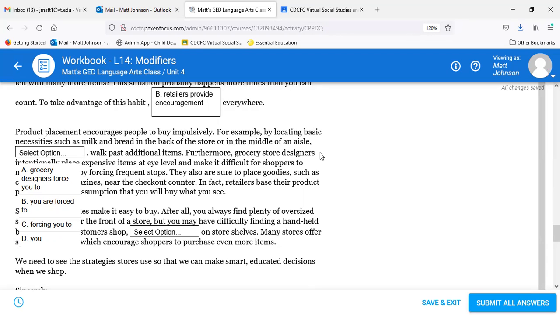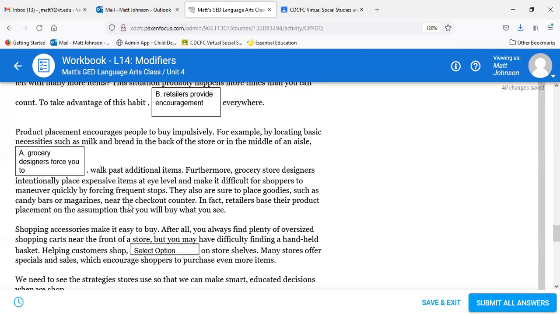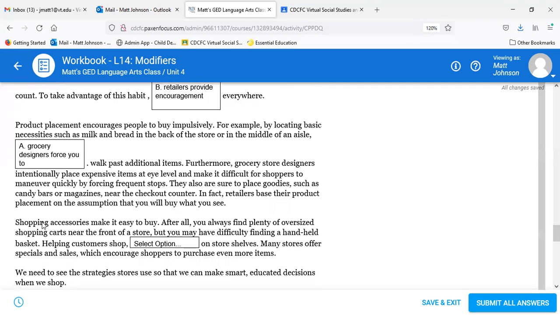But by is what we want to focus on there, right? That's what the whole phrase is, modifying the action of the grocery store designer. So grocery designers force you to walk past additional items. There shouldn't be a period there? Okay, that shouldn't be there. But A, right? Grocery designers force you to walk past additional items.